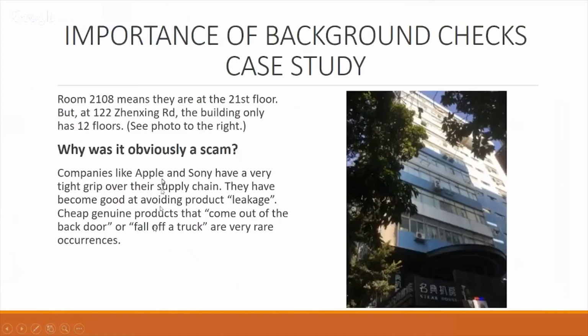Room 2108 means it's on the 21st floor. But when we physically went round to this address, the building only has 12 floors. See the photo on the right. This is the real deal, the actual building at that address. So you can see it's clearly a scam. The office did not exist.